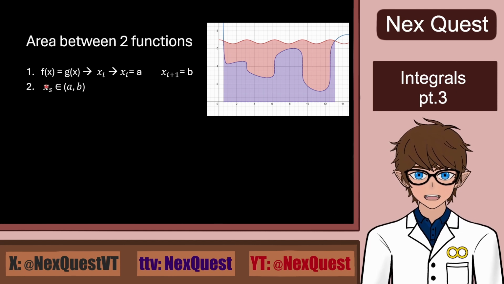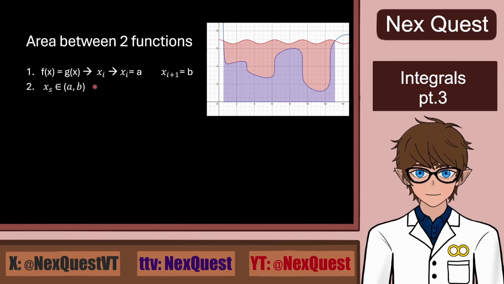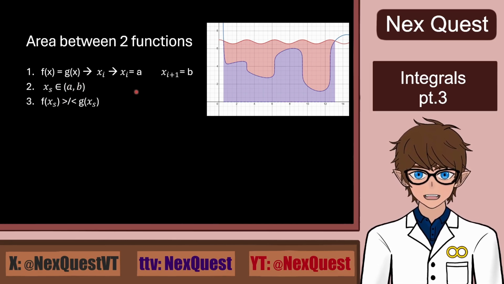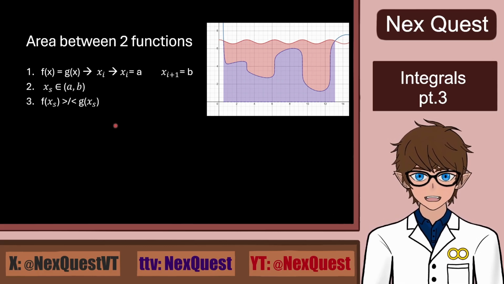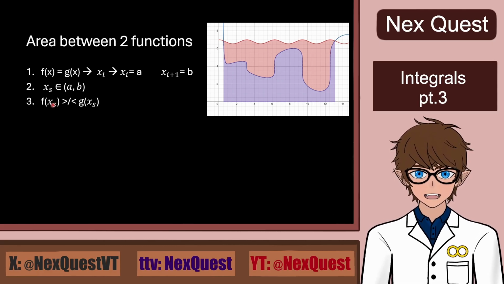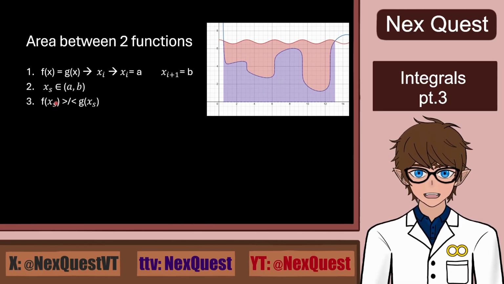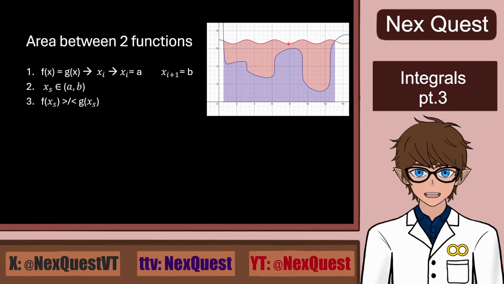Then we find an x value, which I will call xs, in the interval between a and b, where a is obviously lower and b is higher. Then we need to determine which of the functions is the top function, so basically inserting that xs. For the sake of example, let's assume f of x is the top one, the red one, and it gives a higher y value.